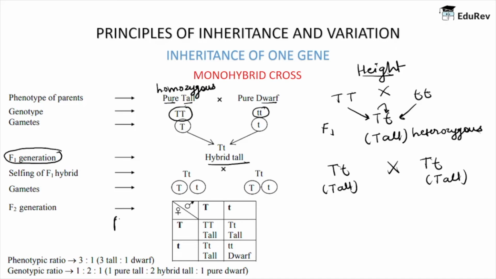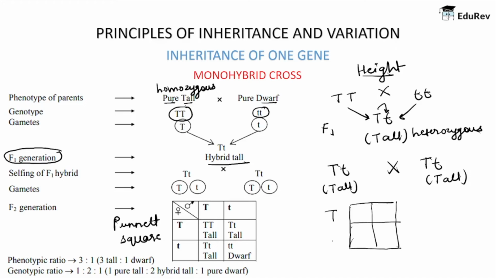The square you see here is the Punnett square, which Mendel used to know the genetic makeup of the plants that he had crossed. So he made a square, the Punnett square, which he divided into several blocks. Yes. So this is the block he made.